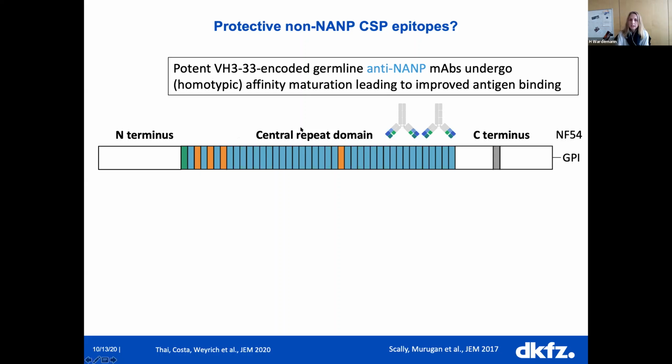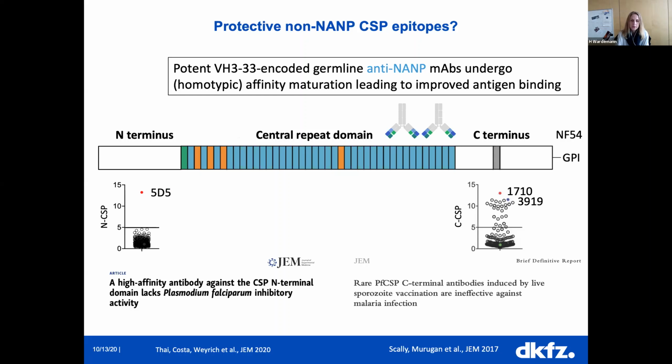And so we looked at the N terminus and the C terminus, and I'm just summarizing a lot of data here. But the bottom line is that we identified only a few antibodies that would recognize the C terminus of CSP, and these had no functional effect, most likely because they couldn't bind the parasite or the CSP on the parasite surface. And antibodies against the N terminus we could not identify.